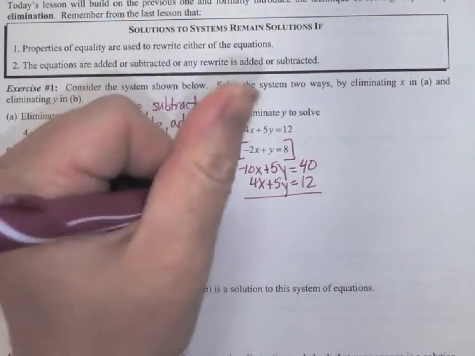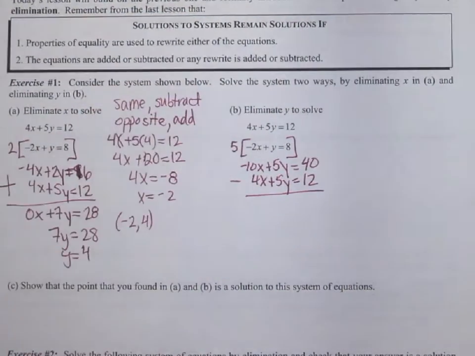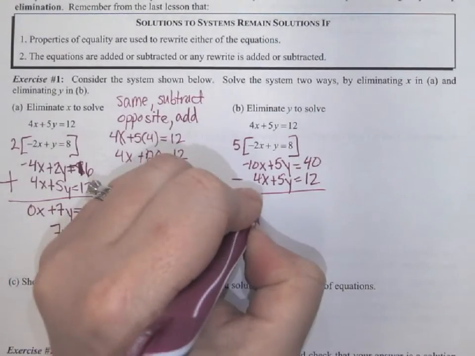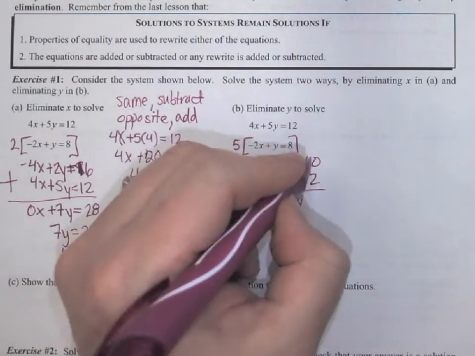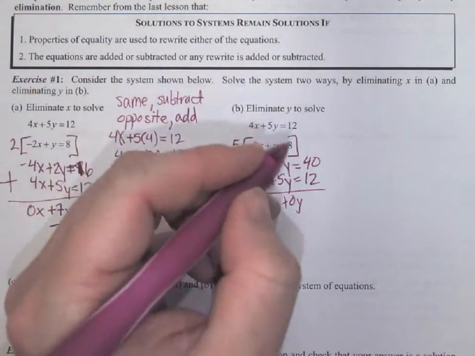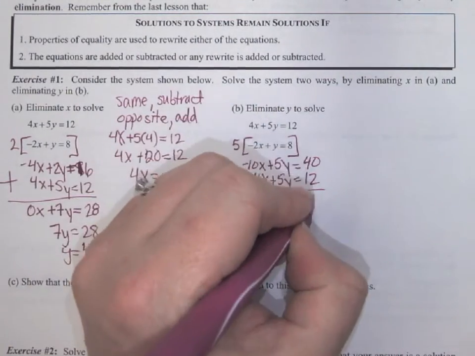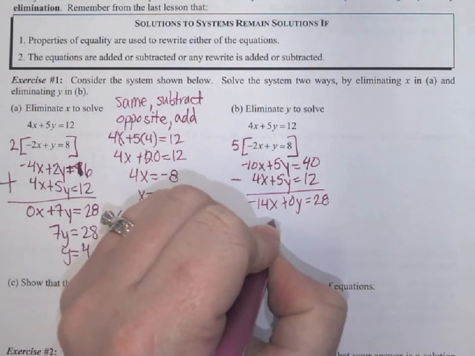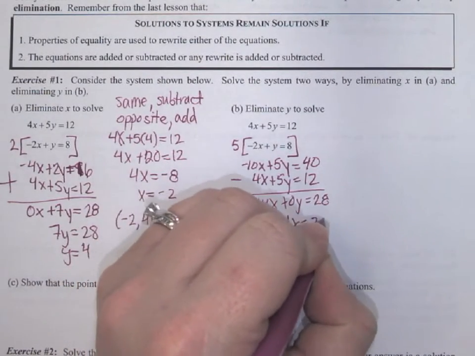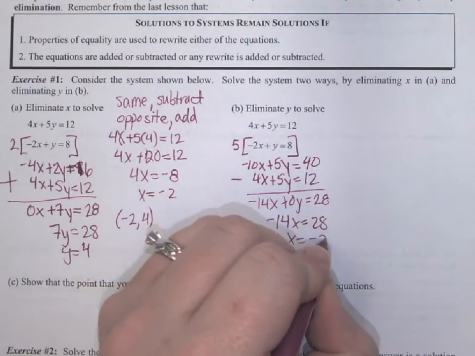Here I have the same, so I'm going to subtract. So -10x minus 4x gives me -14x, 0y. 40 minus 12 is going to be 28. So -14x equals 28, and x equals -2.